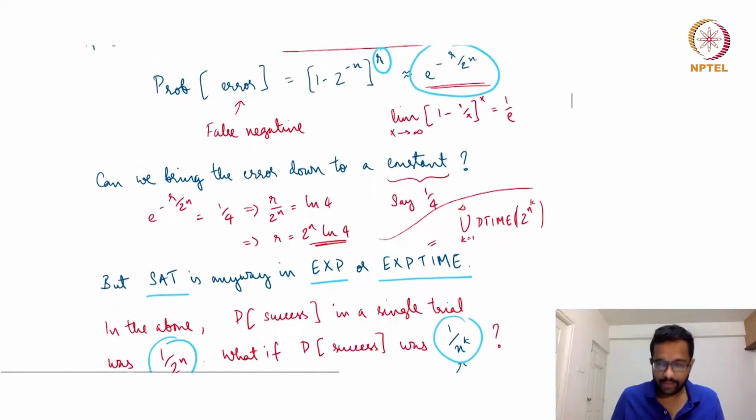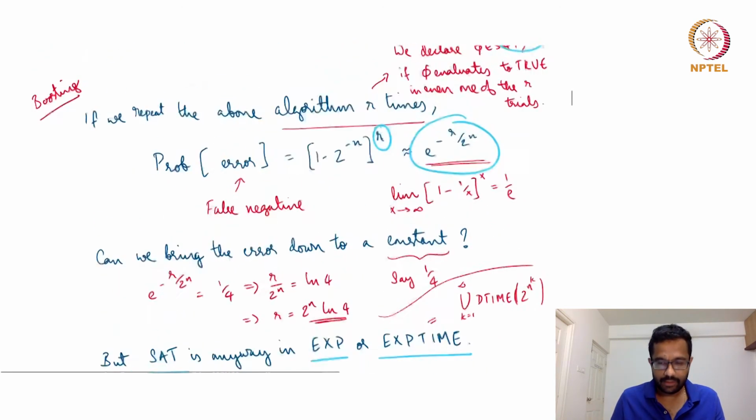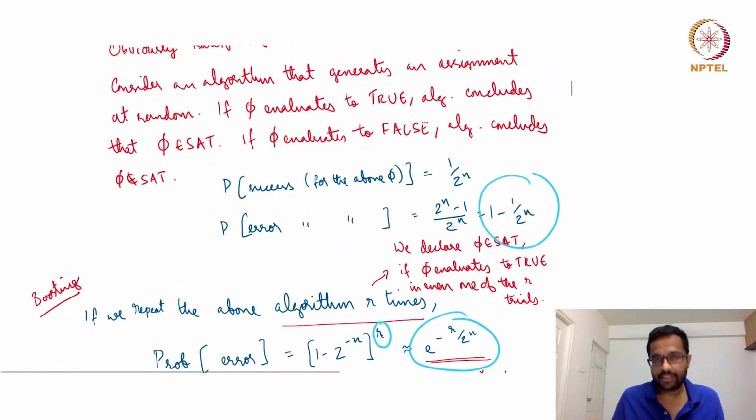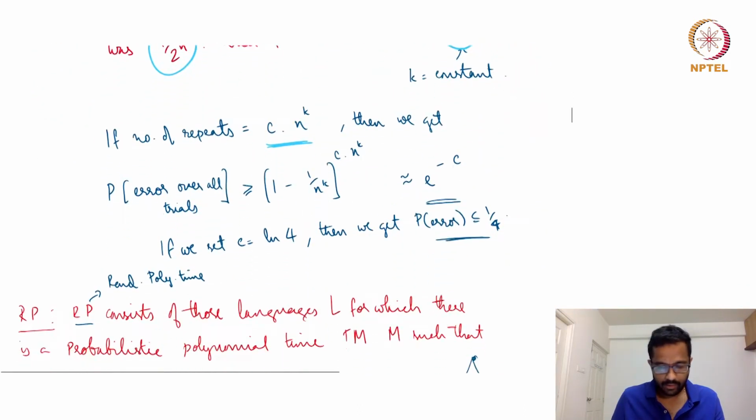Then we saw that it performs better when there is some guarantee of success. When a formula has only one satisfying assignment, it was not performing that well. But when the formula had sufficiently many satisfying assignments, we saw why it performs well.